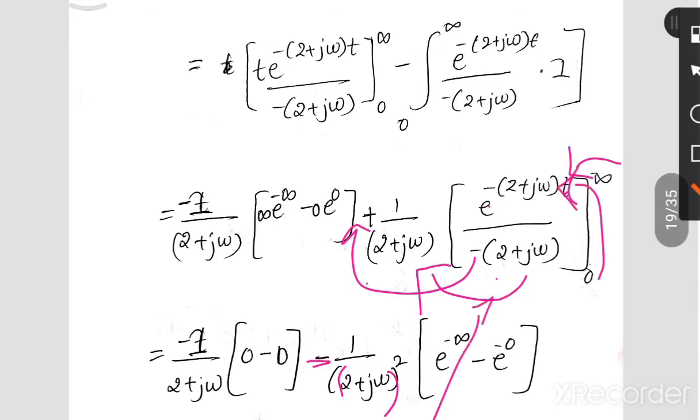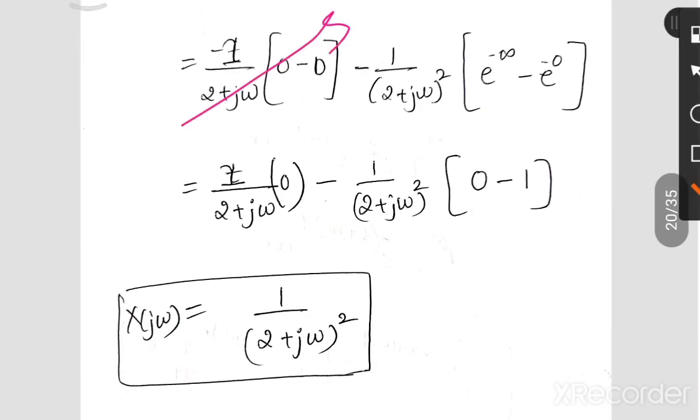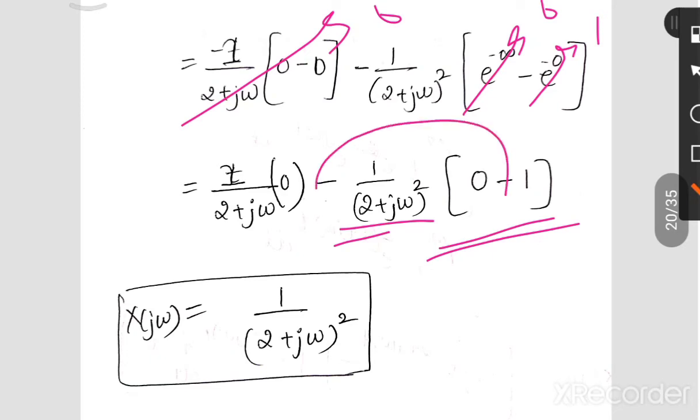So e raised to minus infinity is 0, e raised to 0 is 1. When you substitute this term, first term is 0, second term will be minus 1 divided by 2 plus j omega square. Its value is 1 and this value is 0. When you substitute it, minus into minus will be plus 1 divided by 2 plus j omega whole square.